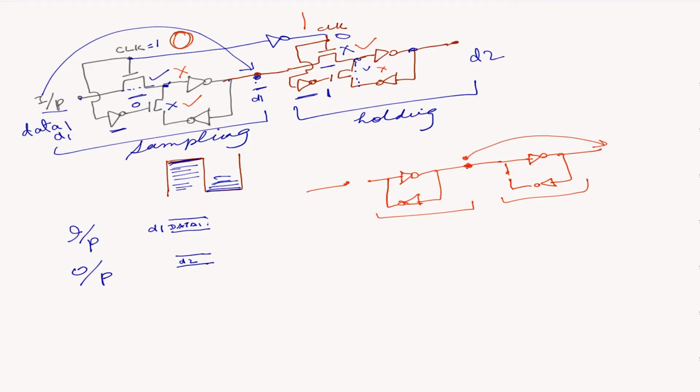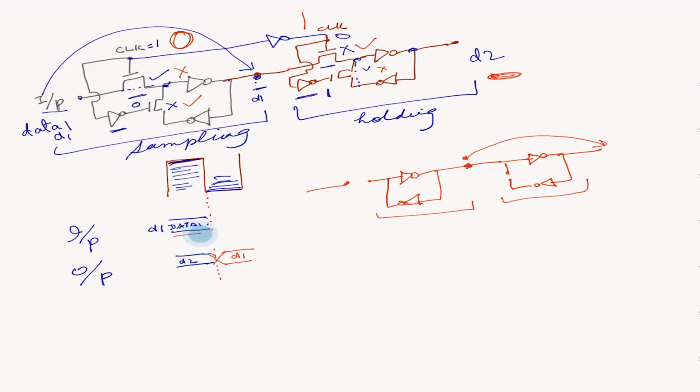Okay, so as soon as we go into clock 0, we see our output now changes to D1. So you see that in a flip-flop, when the clock cycle was high, the output doesn't change.